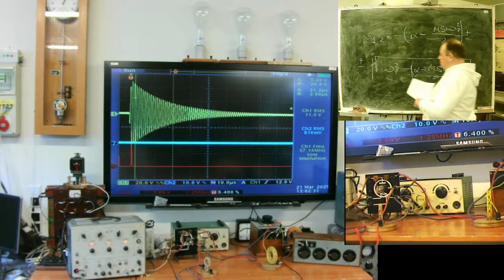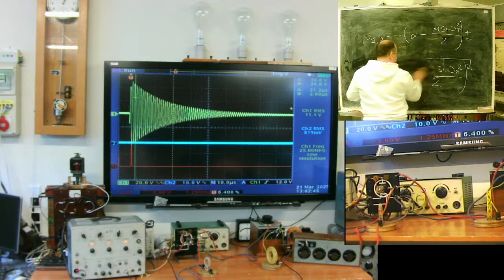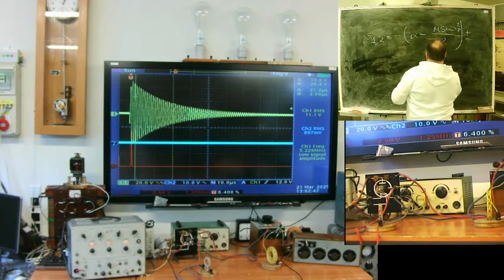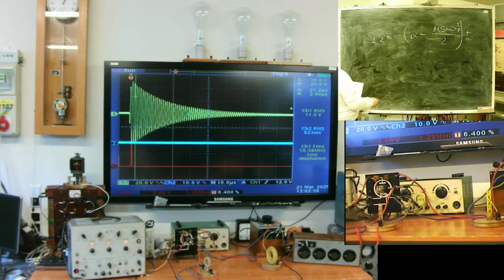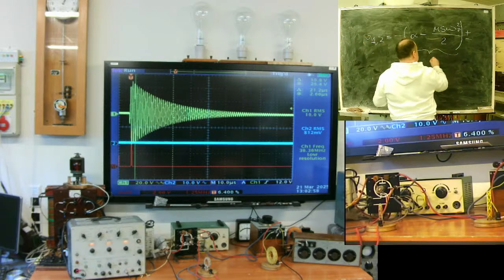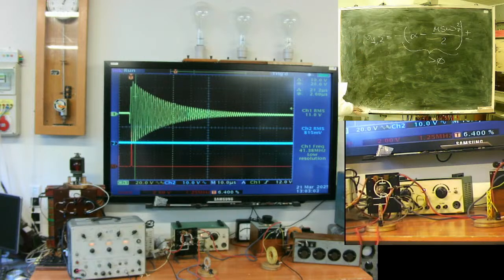This part is the frequency of expected oscillations. This part will give me the frequency. And what about the upper part? My system is stable while this one is greater than 0.